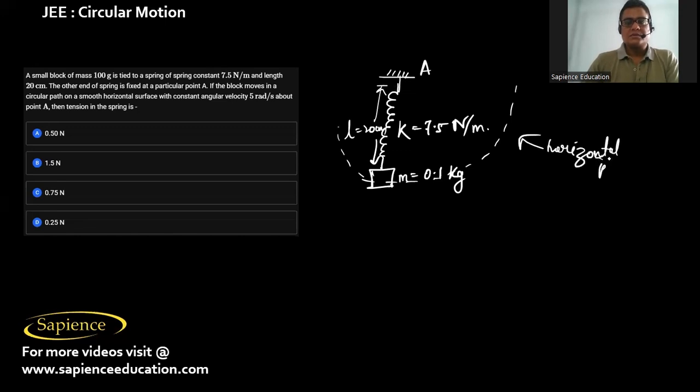So the block moves in a circular path on a smooth horizontal surface with constant angular velocity 5 radian per second about the point A, then the tension in the spring is. So how much will be the tension in the spring? That tension in the spring will be equal to kx, where x is the extension in the spring.